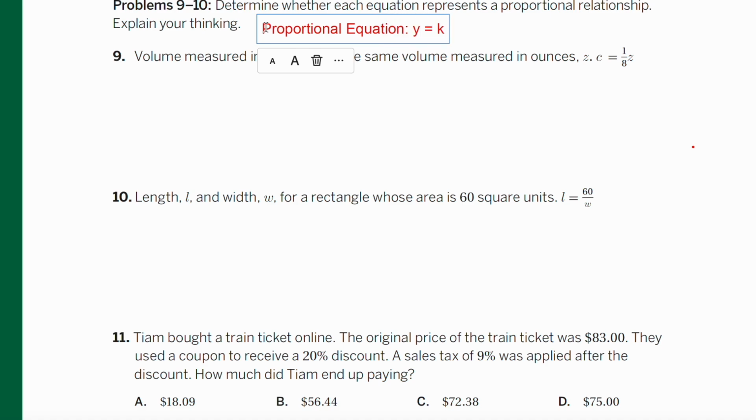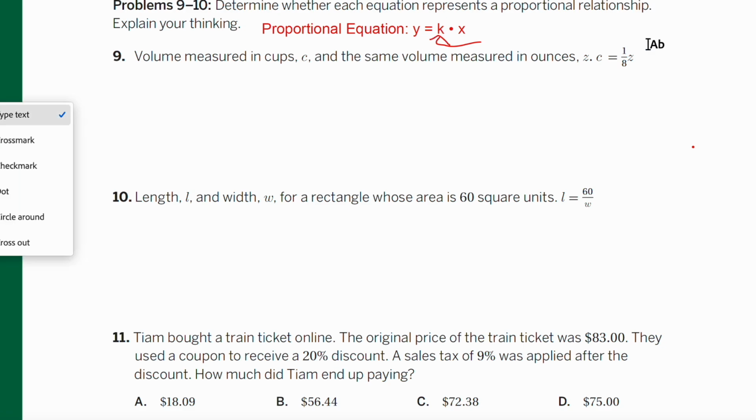Y equals K times X, where Y and X are variables, and K, if you remember, is the constant of proportionality. So this part here, this K, is our constant of proportionality.